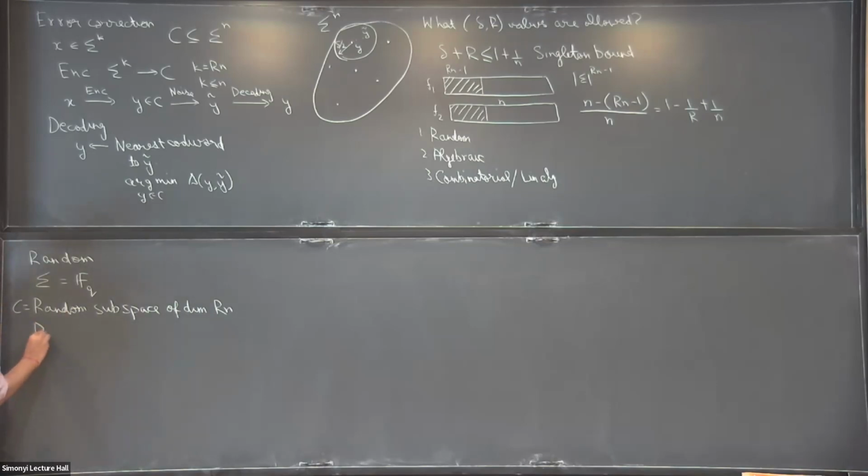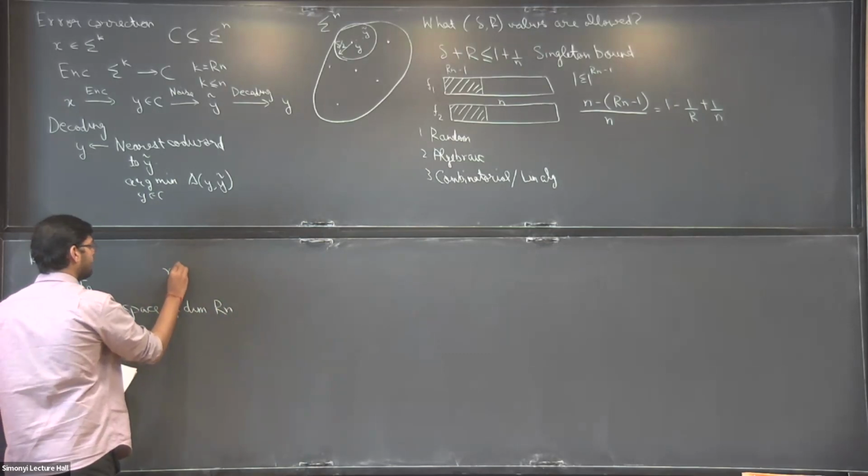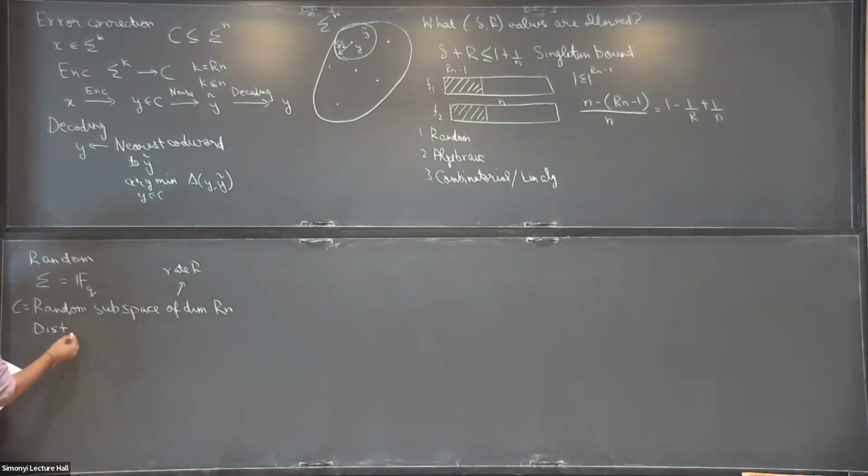The rate is R. It can be shown that the distance can be made larger than 1 minus R minus epsilon for all epsilon.